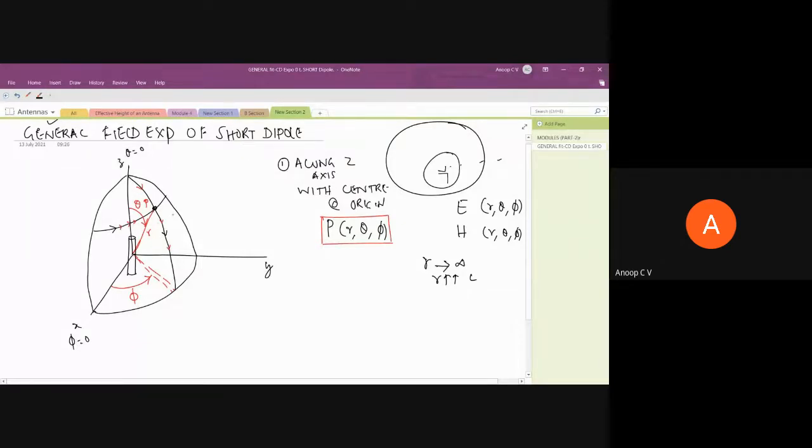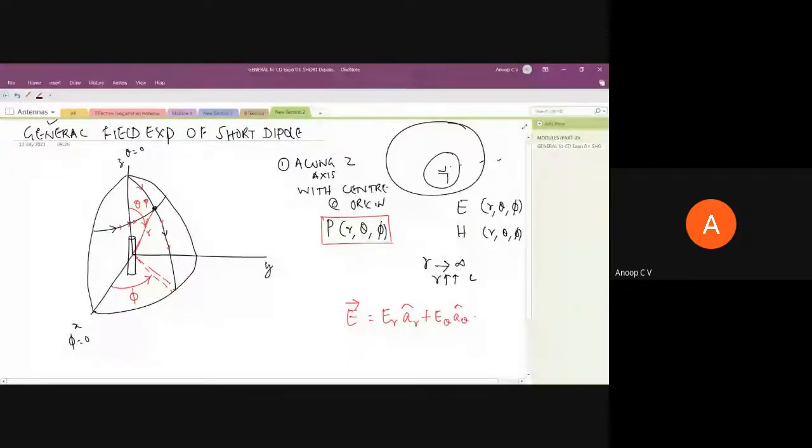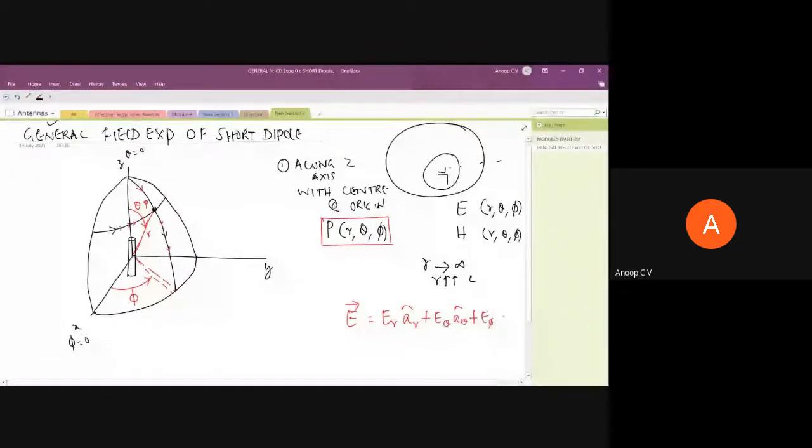I need to find the electric field expression at the point P. The electric field is of course a vector, so I can represent it as vector E equal to E_r a_r cap plus E theta a theta cap plus E phi a phi cap.